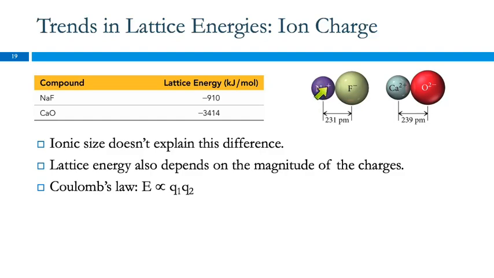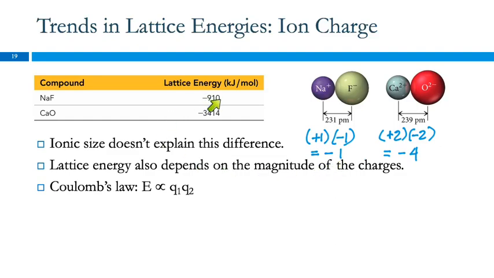But the charges are different. This is +1 and -1. So we have Q1 is +1 and Q2 is -1. So we multiply those and we get -1. Here we've got Q1 is plus 2 and Q2 is minus 2. We multiply those, we get minus 4. That predicts that the energy for this one is going to be 4 times as much as for this one.